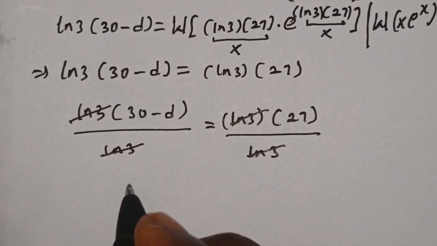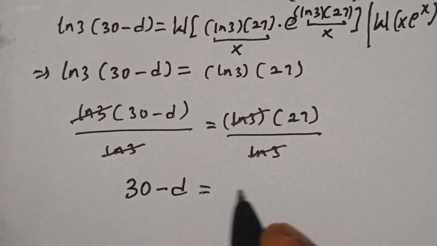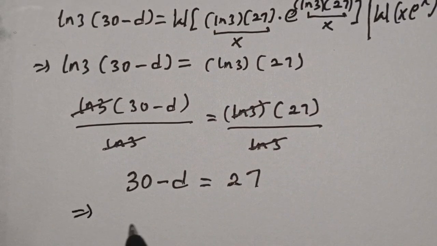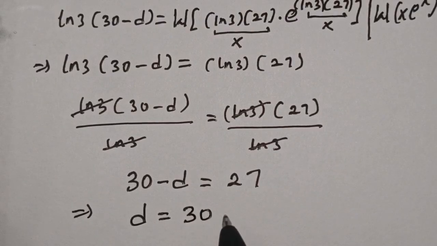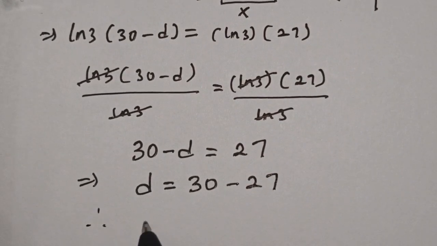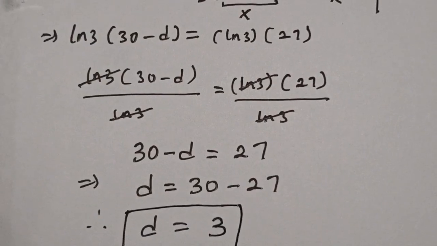We are left with 30 minus d equal to 27. This implies that d is equal to 30 minus 27. Therefore, d is equal to 3. This is the required solution.